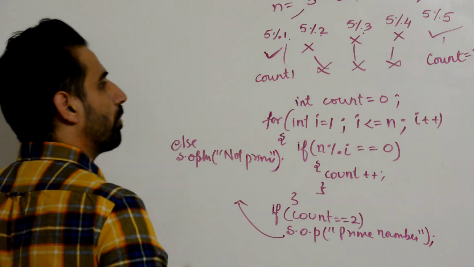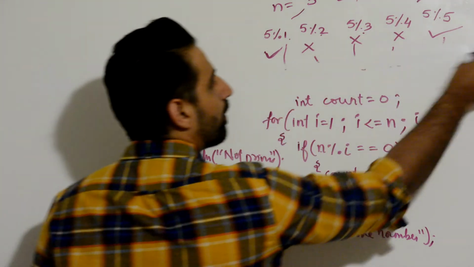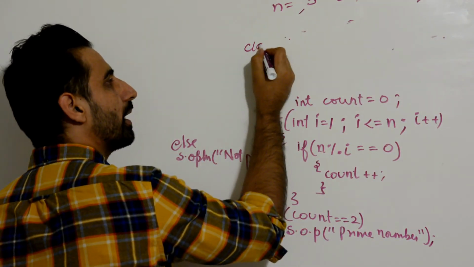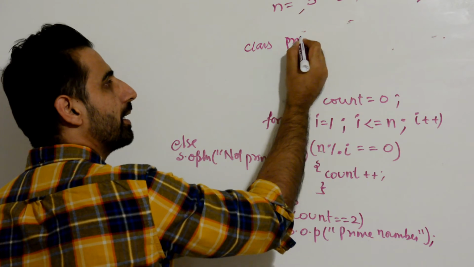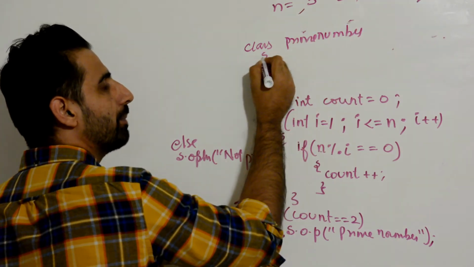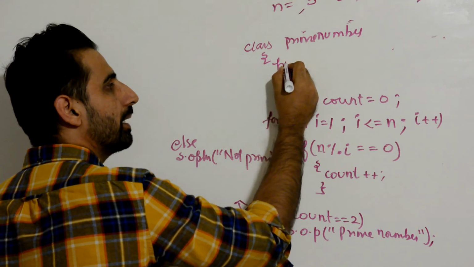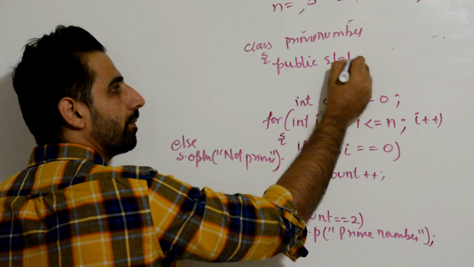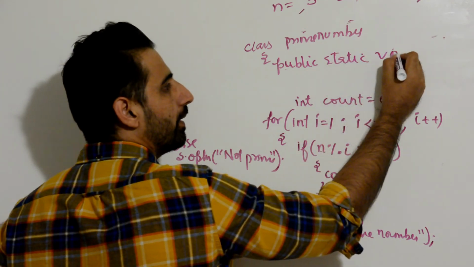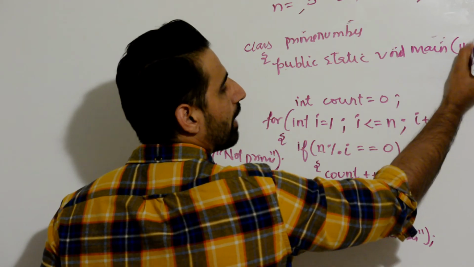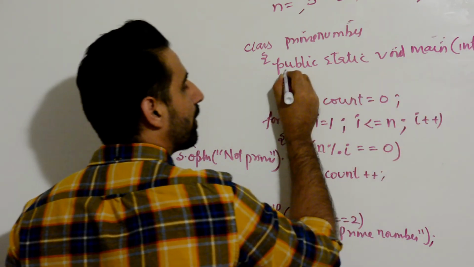So first thing, what we have to write over here. Every Java program should be inside a class. So I write class and give it the name PrimeNumber. There should not be any space between prime and number. Then I write public static void main, and I'll pass the number which we have to check whether it is prime or not.